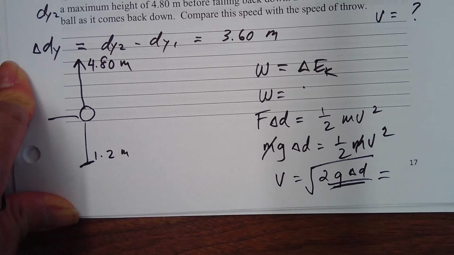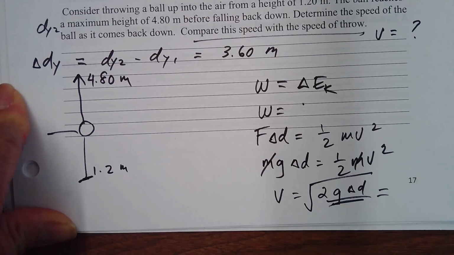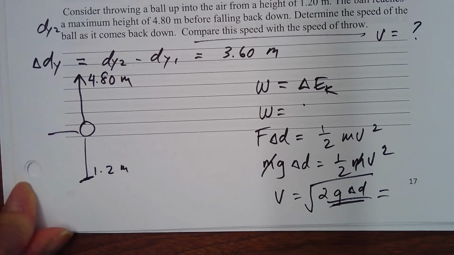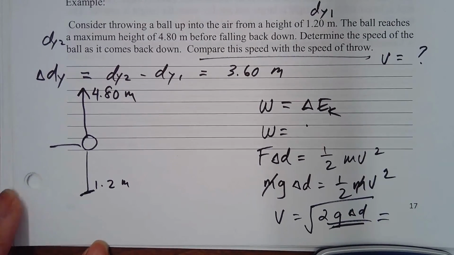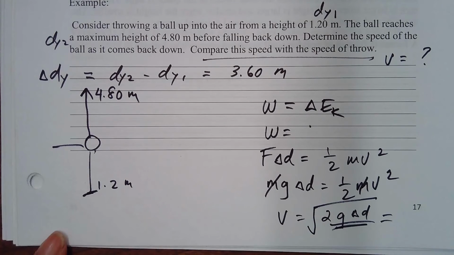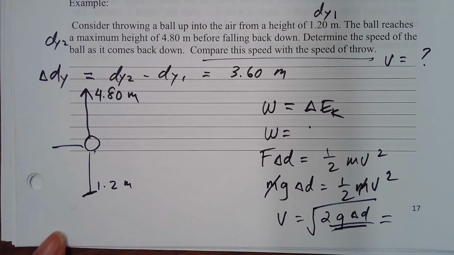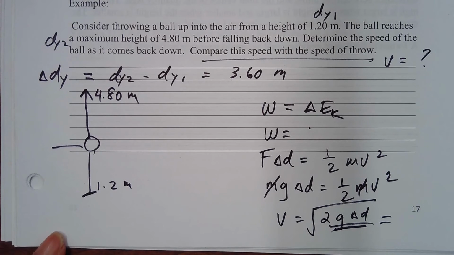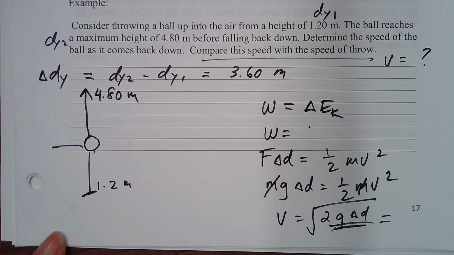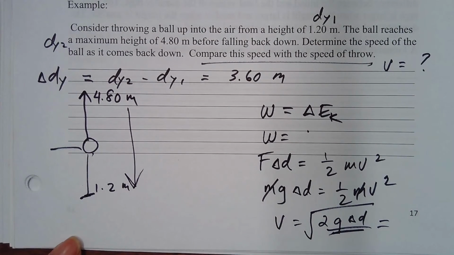Okay, let's come up with the answer, and then let's compare the speed with the speed of throw. Okay, here's the question. Before you plug in your numbers into your calculator, so here's the person, right? The person is holding the ball. The ball's already 1.2 meters. The ball reaches a maximum height of 4.8 meters. So that 4.8 meters has got to be measured from the ground, right?